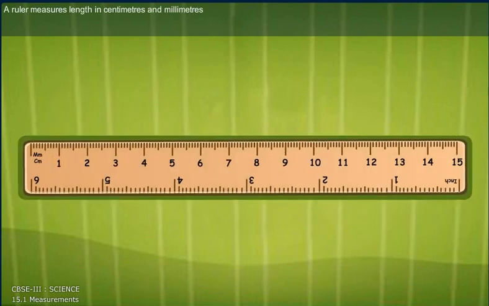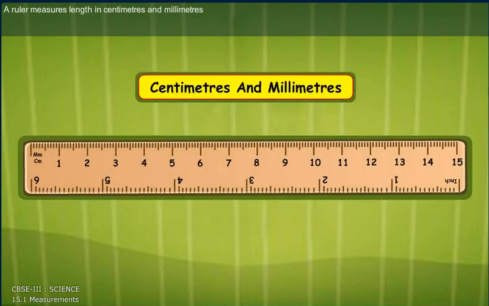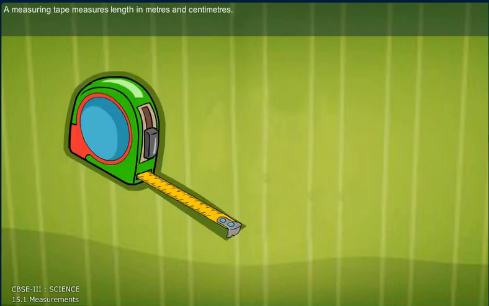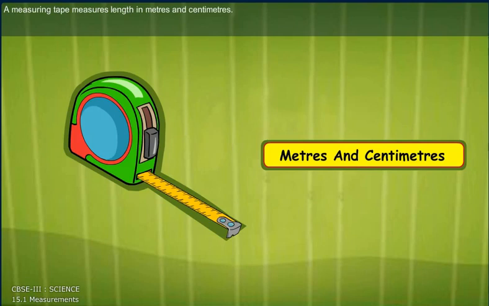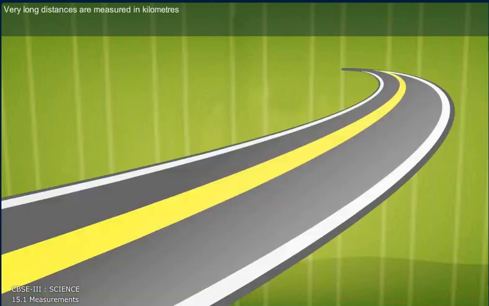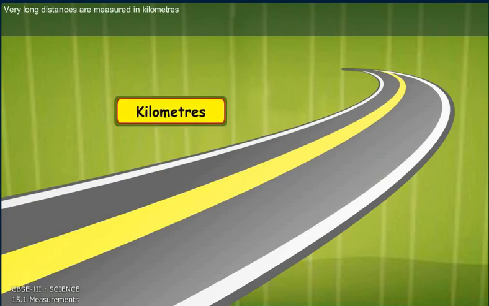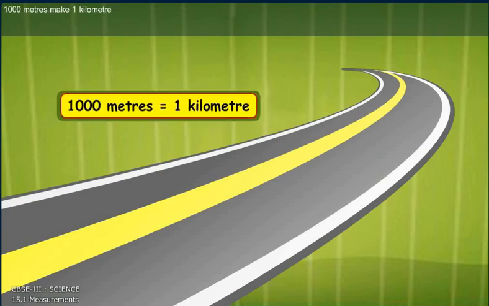A ruler measures length in centimeters and millimeters. A measuring tape measures length in meters and centimeters. Very long distances are measured in kilometers. 1000 meters make 1 kilometer.